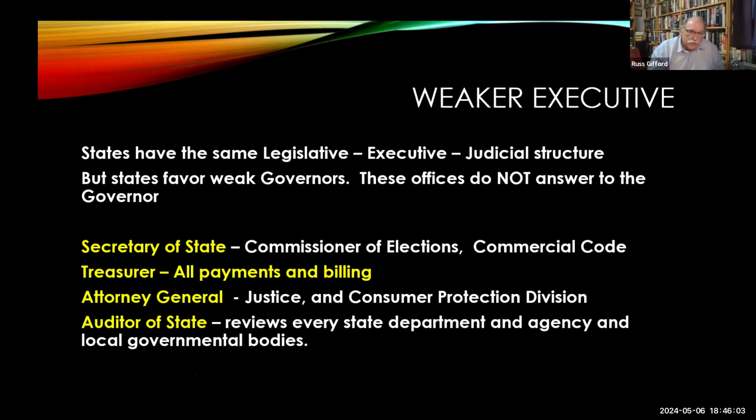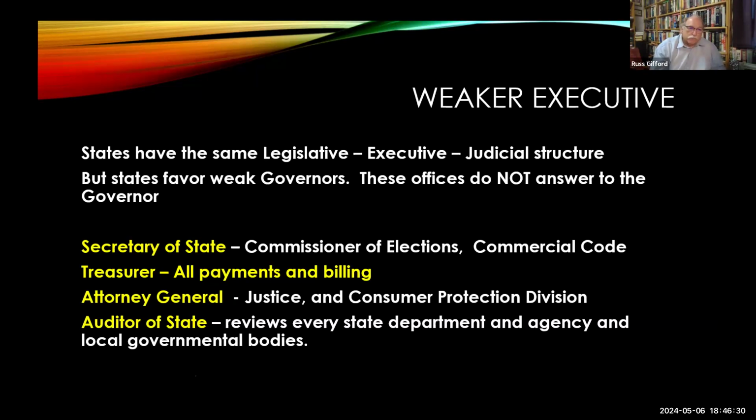What's the auditor do? Has to review every state department, every agency, and every local government. Plus, they have to review any group that gets state money. So all of those are kind of big things. Secretary of State, Commissioner of Elections, the person who tells you that your election was a legitimate election. They are not under the power of the state executive.